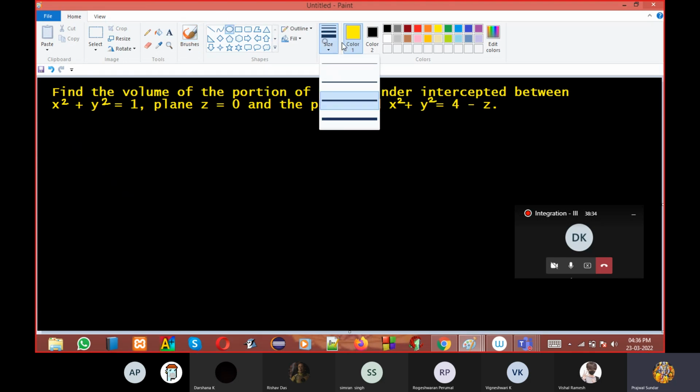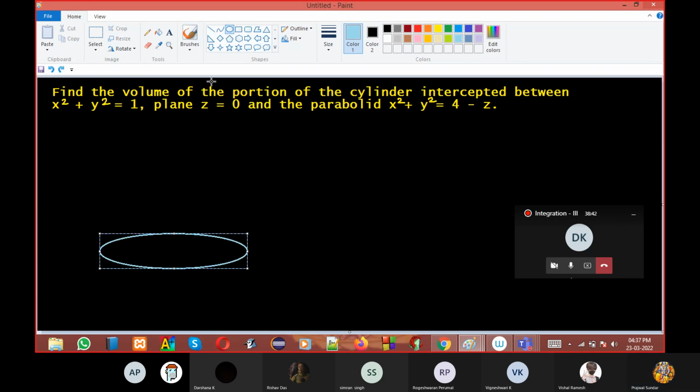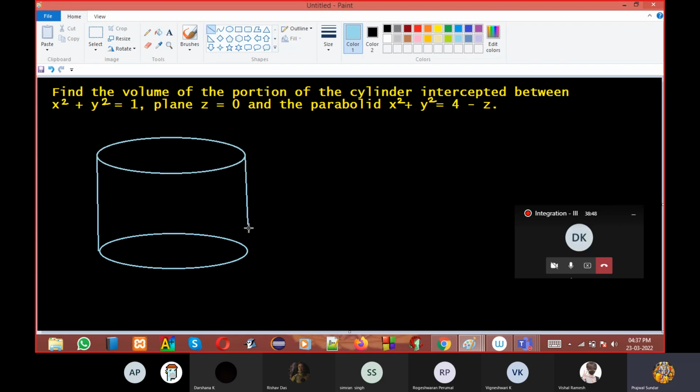It may look very dangerous, but it's very easy when you look at it carefully. You're having a cylinder like this. Some curve is intersecting it like this.